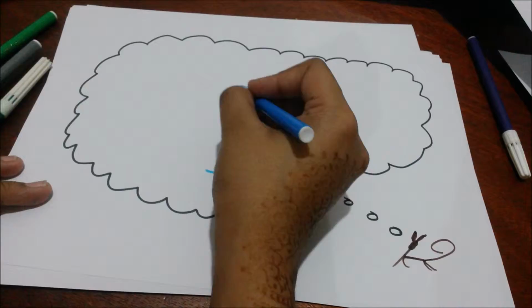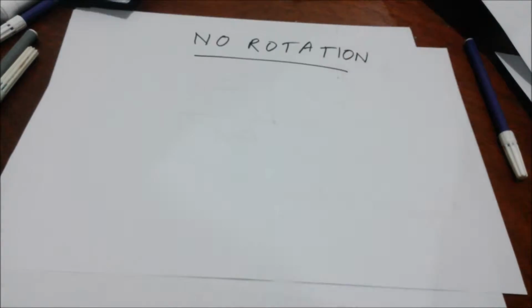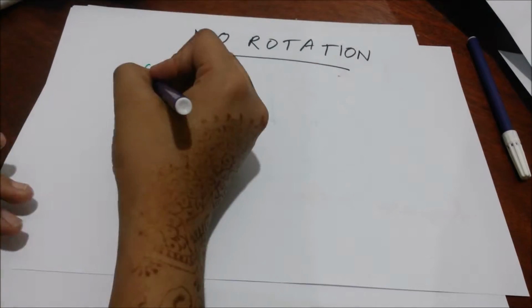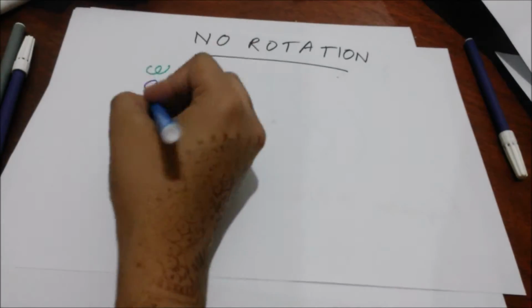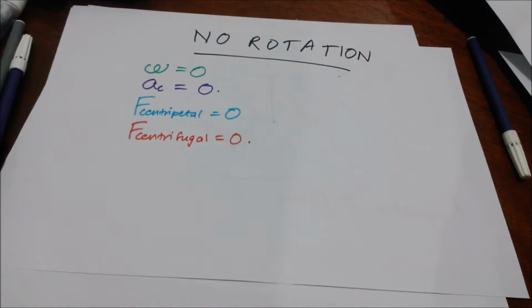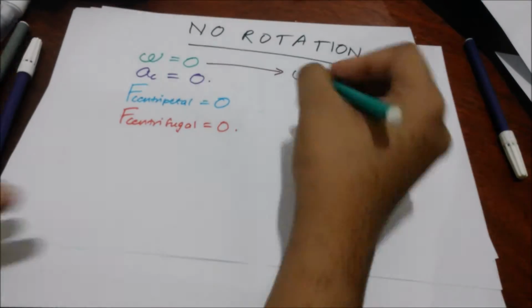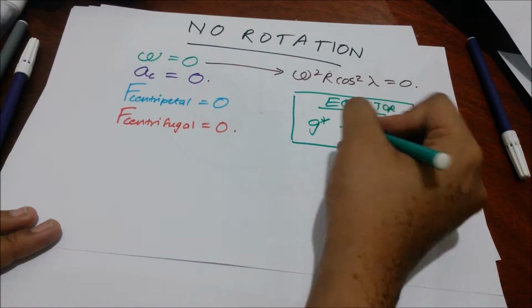So hypothetically, what if the Earth stopped rotating completely? Now there's no rotation, so there's no angular velocity, acceleration, centripetal or centrifugal force at all. So omega is 0, then omega squared r cos squared lambda would be 0 too. So at the equator, g star is equal to g.